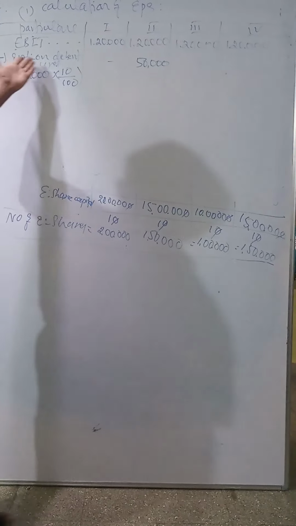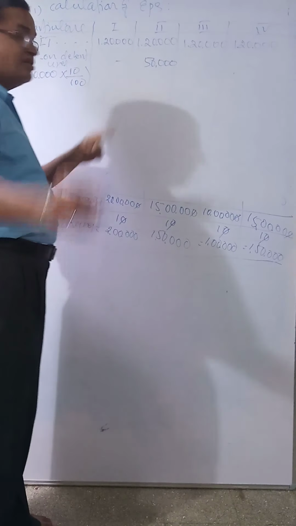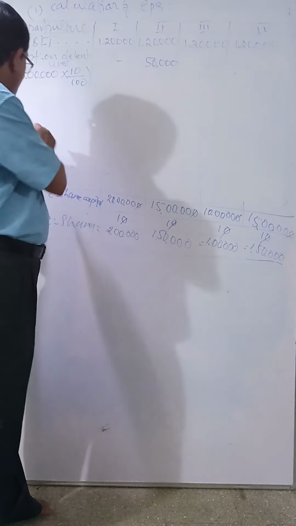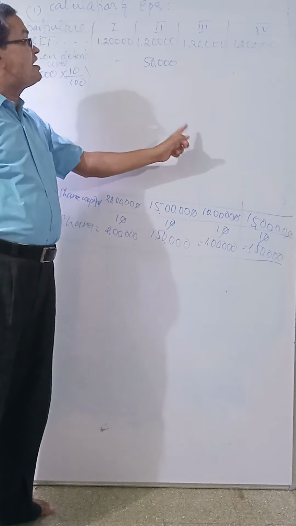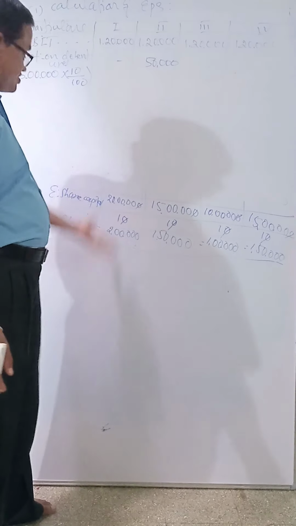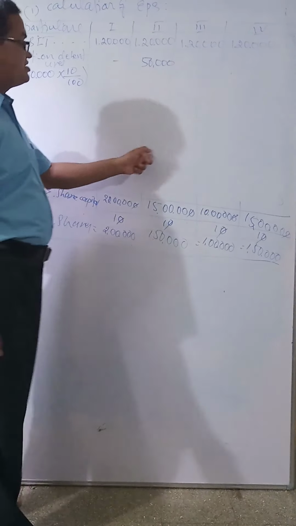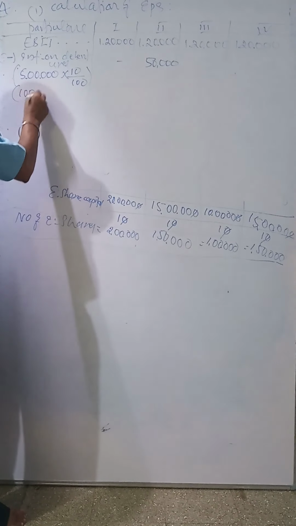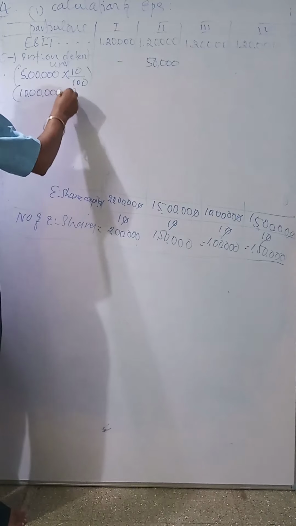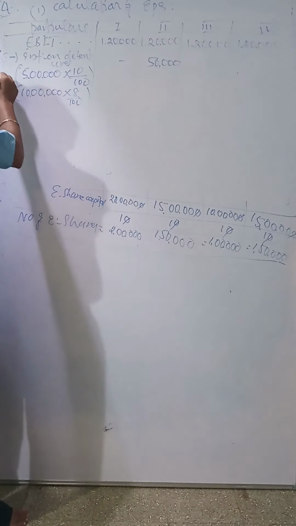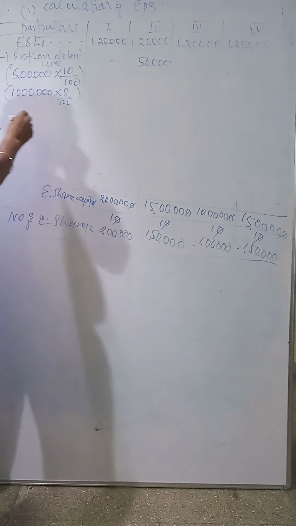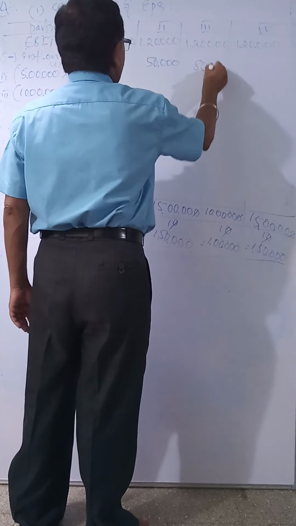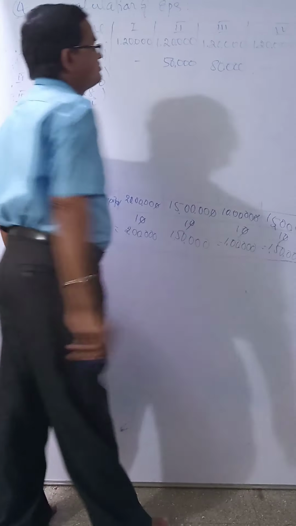See, second plan like this. And third plan, you see the third plan. All the 10 lakh, I wrote: 8% debentures 10 lakh. Again you have to calculate interest: 10 lakh into 8%, 8 divided by 100. So how much? 80,000.